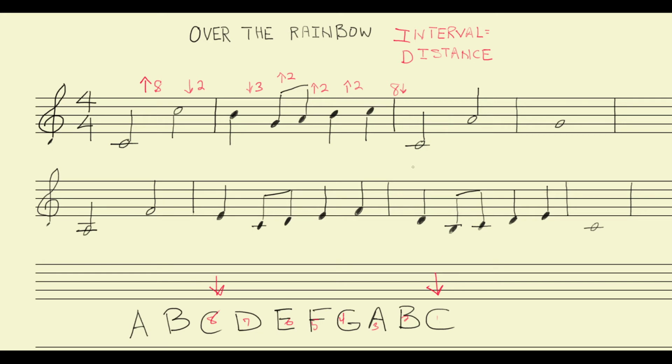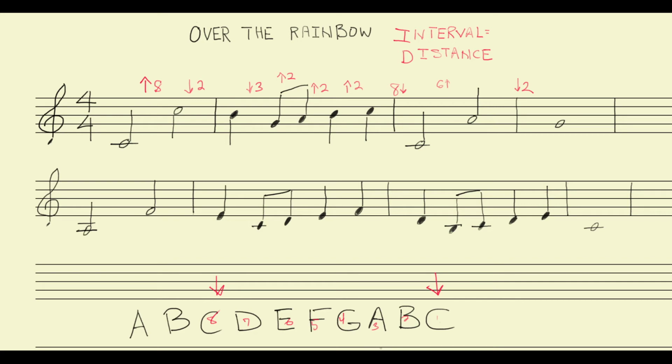Then from C to A, we go up from C to A. That is the interval of a sixth, because we go C 1, D 2, E 3, F 4, G 5, A 6, up the interval of a sixth. Then from A down to G, that is the interval of a second. We go a second down.